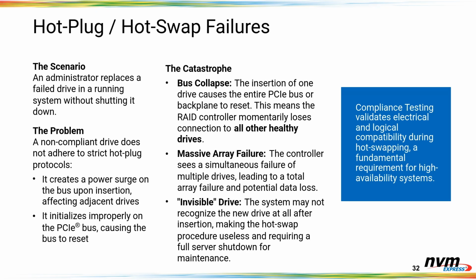And the remedy is again compliance testing, which will validate all the drives for proper implementation of hot plug and hot swap. So today we looked at just several use cases.